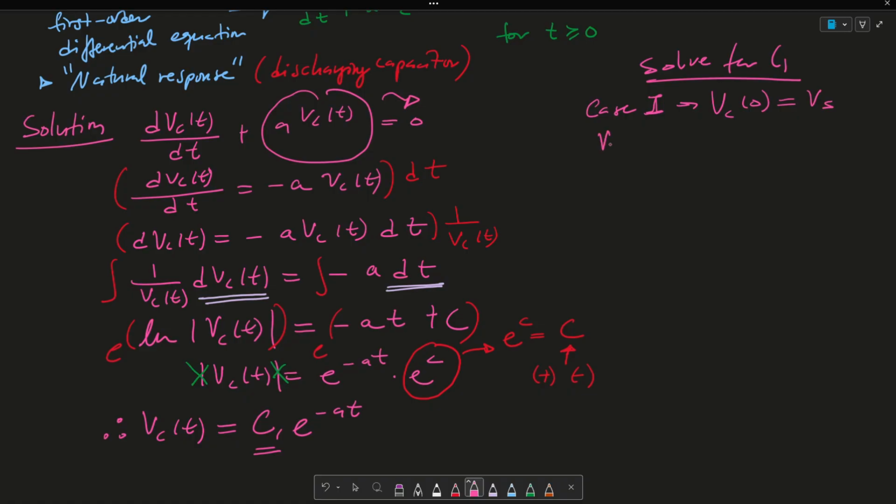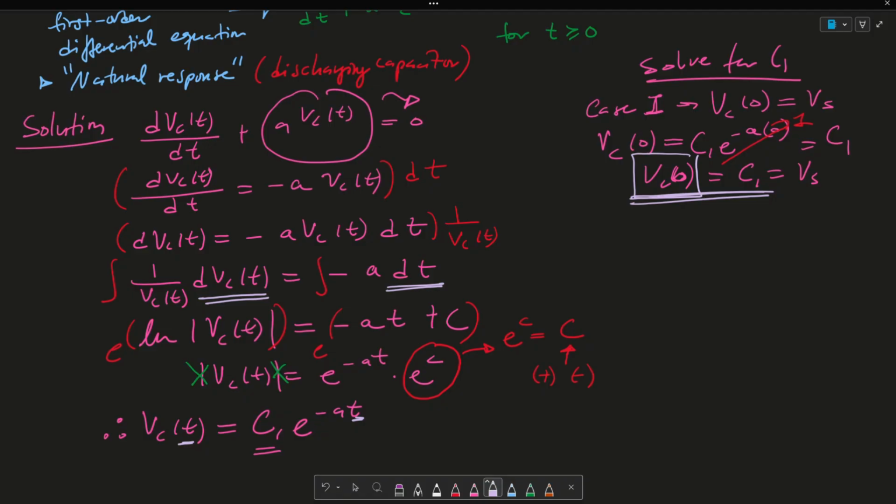I'm plugging 0 into this equation, so VC(0) is equated to C1 e to the minus A times 0. As we know, e to the 0 is simply 1, so this just becomes C1. So C1 equals VC(0). Again, C1 can be VS or VC(0), but to make it more explicit, I'm going to consider C1 to be my initial condition. Whatever you get as your initial condition is your C1.